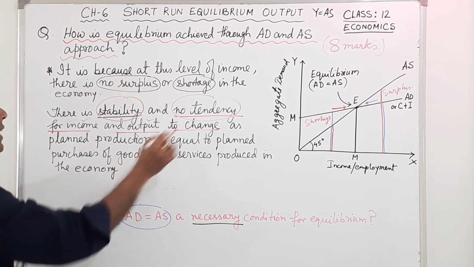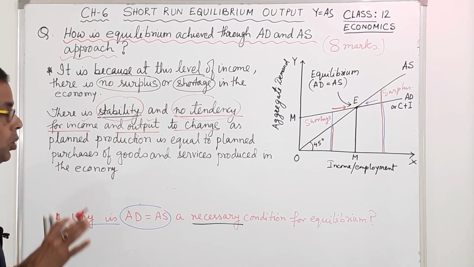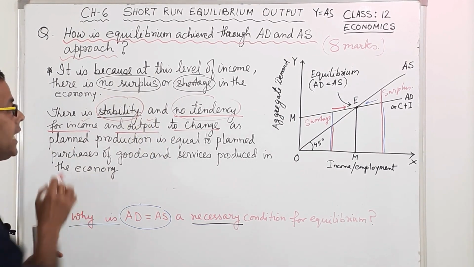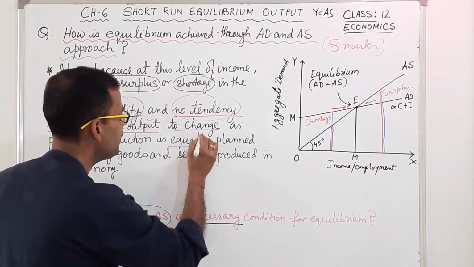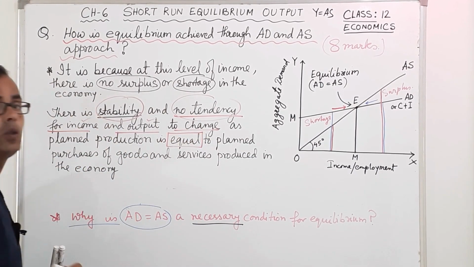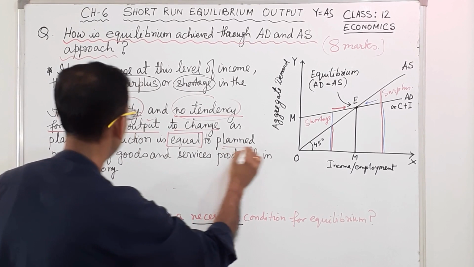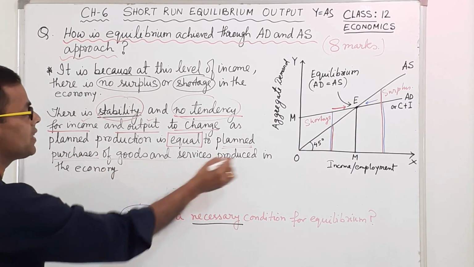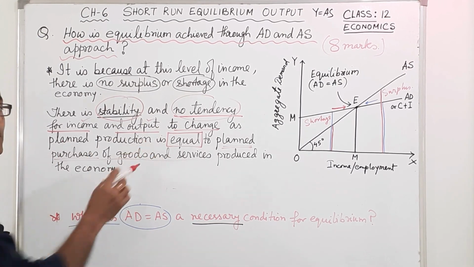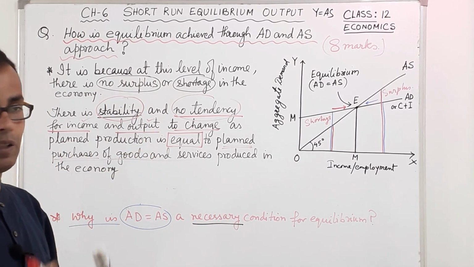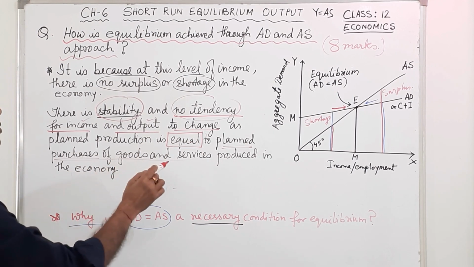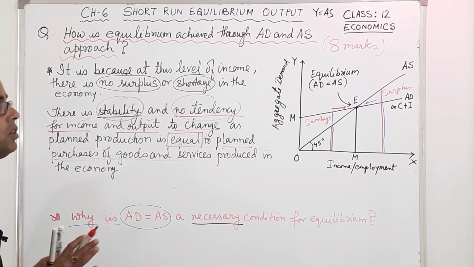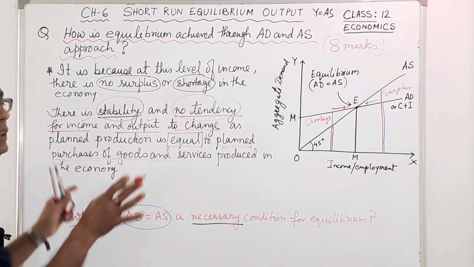Because planned production, by the producers, is equal to the planned expenditure or purchases of goods and services. Planned production means the aggregate supply, and planned purchases of goods and services means the aggregate demand, and that is equal. So this is all about this question.